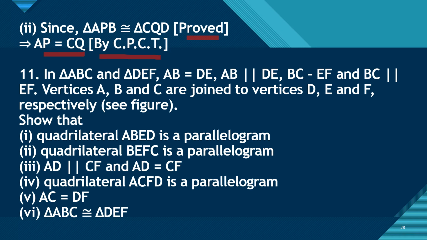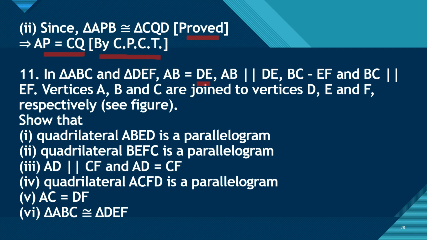Question number 11 is, in triangle ABC and triangle DEF, AB is equal and parallel to DE, BC is equal and parallel to EF. Vertices A, B, and C are joined to vertices D, E, and F, respectively.